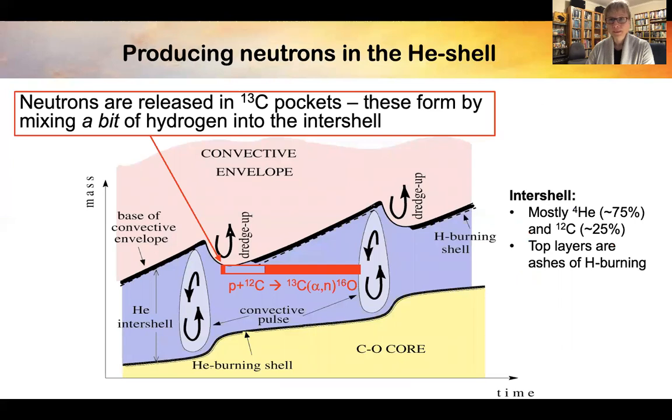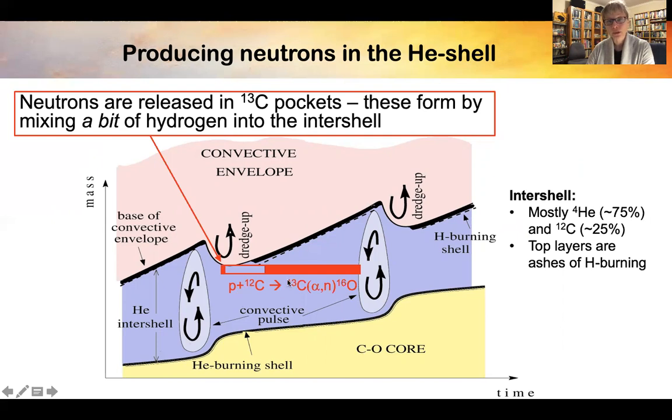Now, in our low mass stars, neutrons are released in carbon-13 pockets. These are formed, and this is a very unknown process. There's still a lot of questions about how this happens, but we think we mix a little bit of protons from the base of the convective envelope, which is hydrogen rich, into our convective helium shell. Those protons are captured by carbon-12, because there's a lot of carbon-12 here.